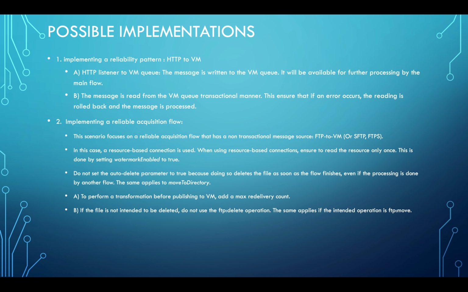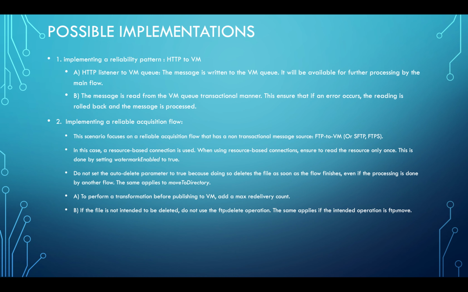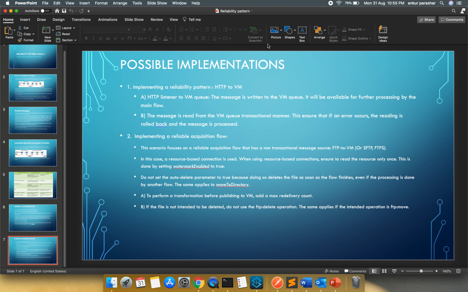To perform a transformation before publishing to a VM, it is advisable to add a max redelivery count. If the file is not intended to be deleted, better not to use auto delete and do not use the FTP delete operation. Okay, so these are just some simple implementations which we are going to cover, and let's jump to the use case now.